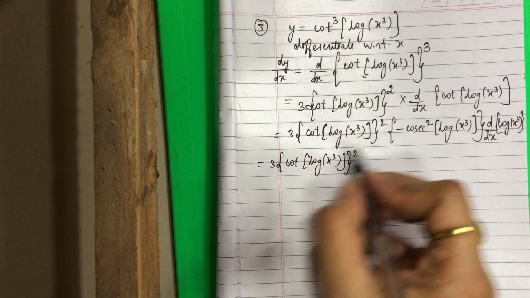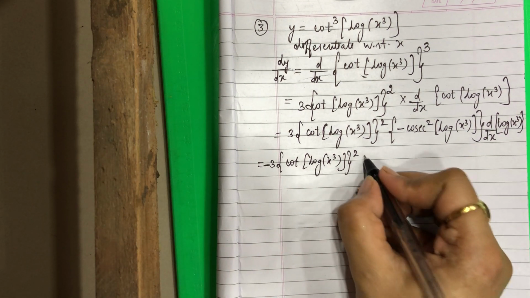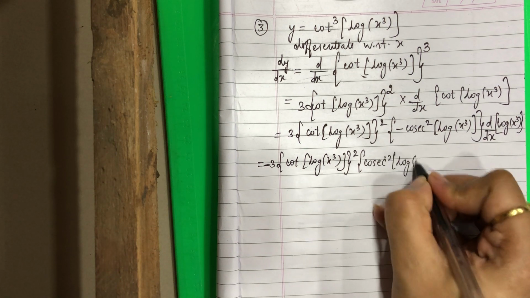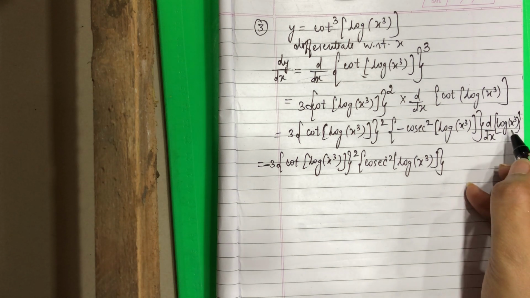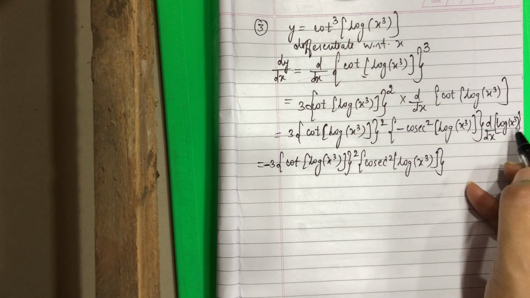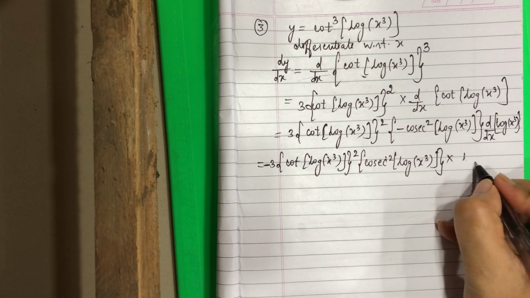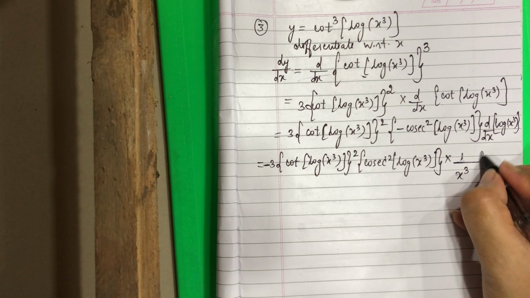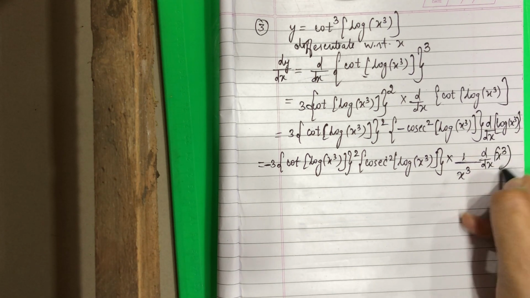This minus sign we can take in front. So this is cosec square log of x cube bracket close into d by dx of log x cube. So again differentiate this log, and the differentiation of log is 1 upon f x, that is 1 upon x cube into d by dx of the function x cube.